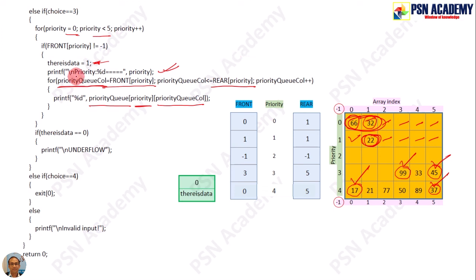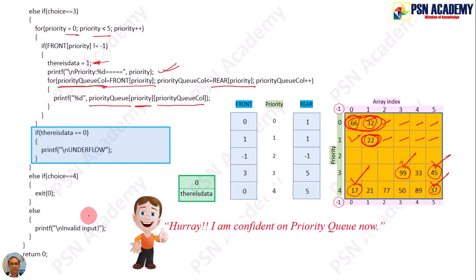That means there is no data for any priority in this priority queue or in this 2D array. In that case, you print underflow. This is the choice for exit, and this is the else part for invalid input. So this is our code for implementation of priority queue using array.